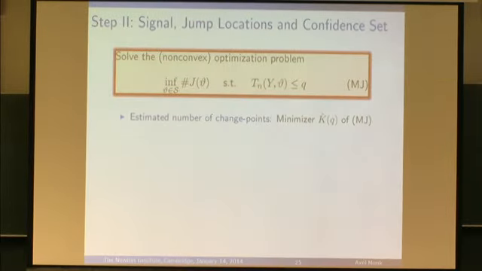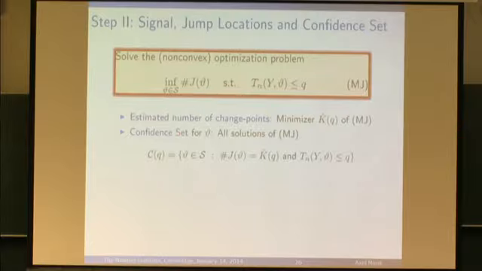Now, if you have solved this model selection part, given your data, you can compute that. You get a certain number, let's say 20, right? And you can also compute that very fast.